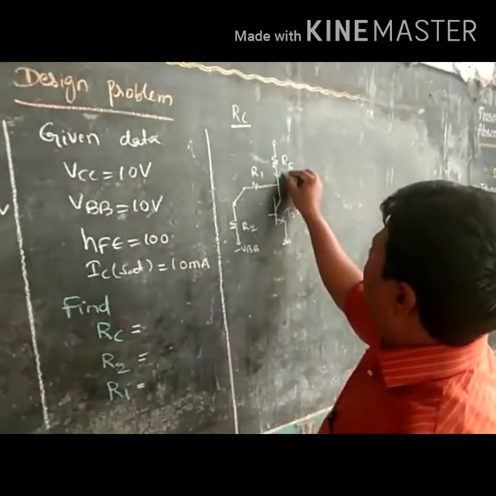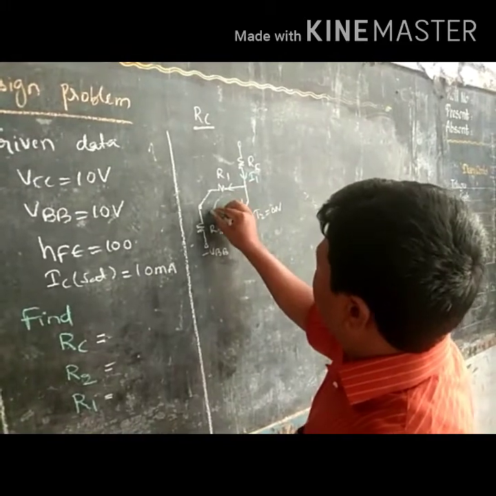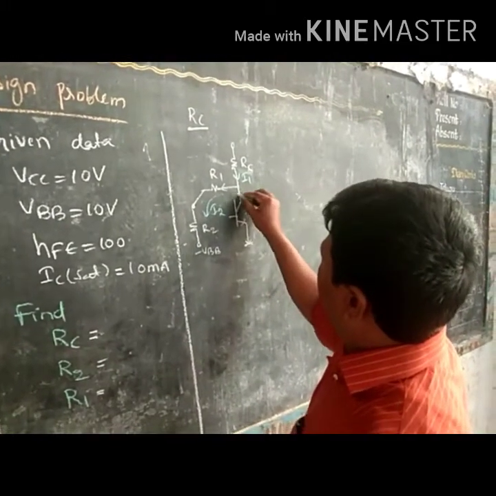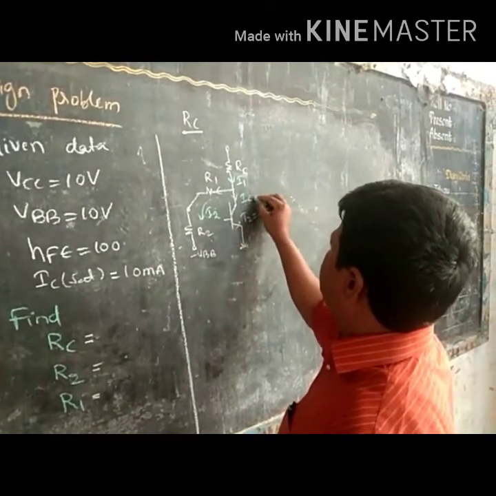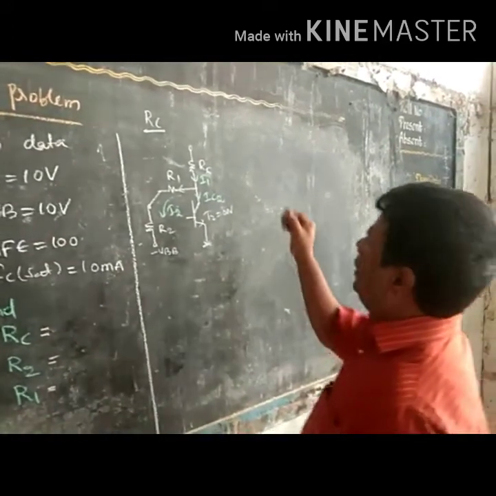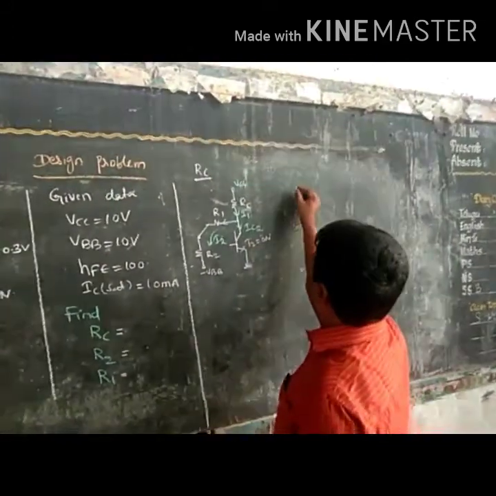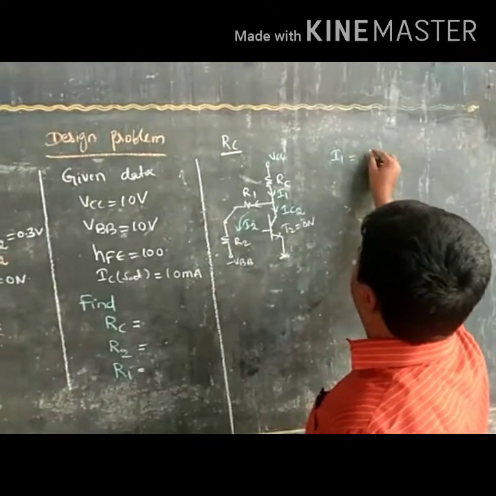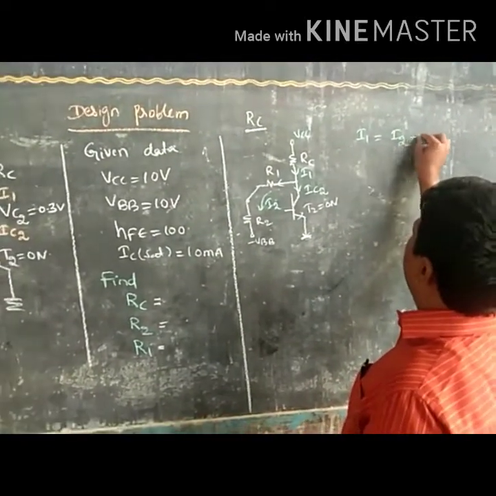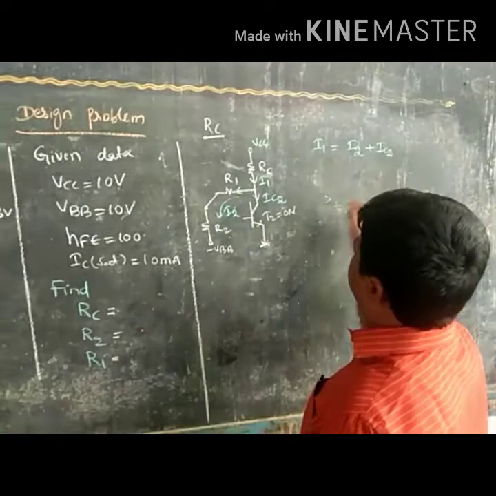This is the current I1, this is the current I2, and this is the current IC2. This is VCC. Now current I1 is equal to I2 plus IC2.